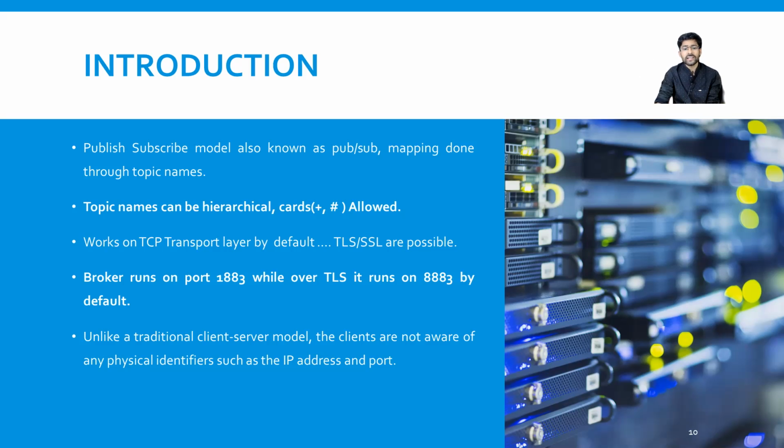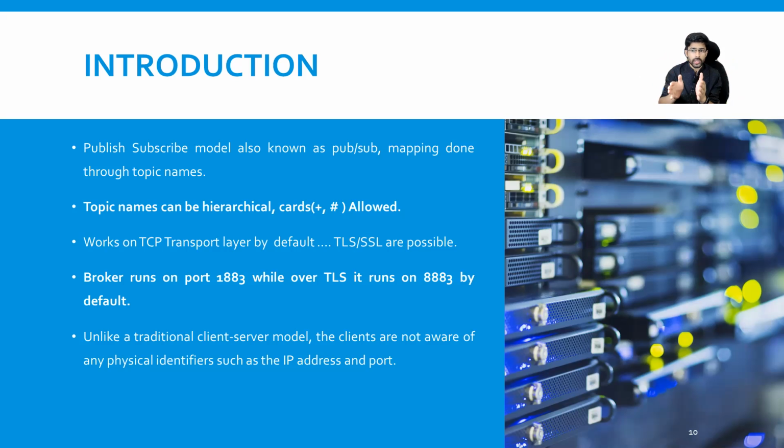Unlike a traditional client-server model, the clients are not aware of any physical identifier such as IP address and port. So this is a very important thing. Let me give you more detail. Suppose there are two clients, one is a publisher and one is a subscriber. Who is the publisher? The publisher is the one who is publishing the data. The subscriber is the one who is subscribing to the data.